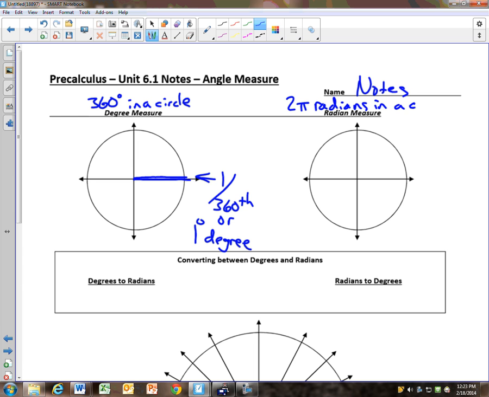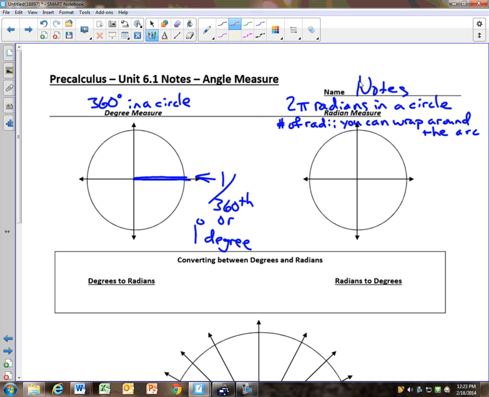in a circle. The radian measure is the number of radii you can wrap around the arc. I showed you this before.